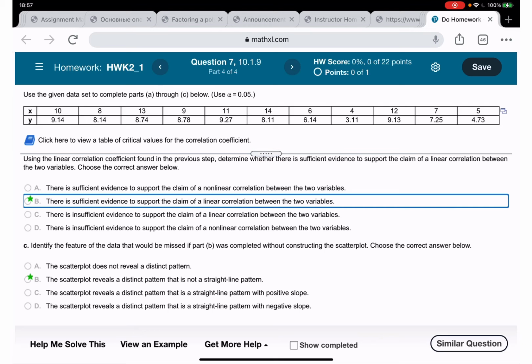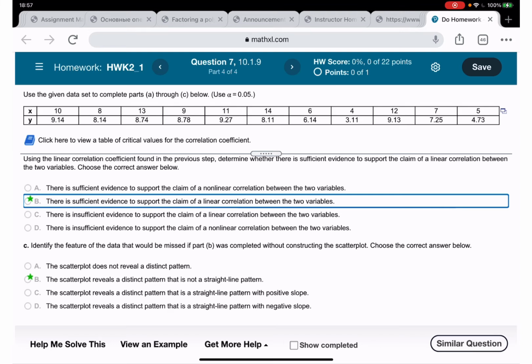because it always shows whether it is a straight line or not a straight line. In our case, the whole scatter plot is going like a parabola, right? But if you break it into two parts, positive correlation and negative correlation, then the claim that the scatter plot does not reveal a pattern is not true.